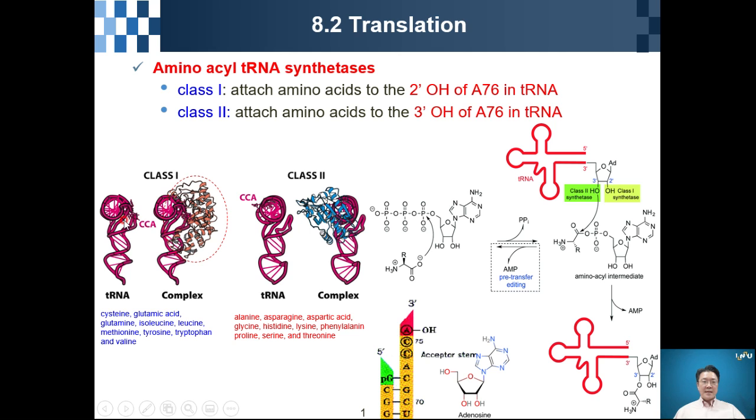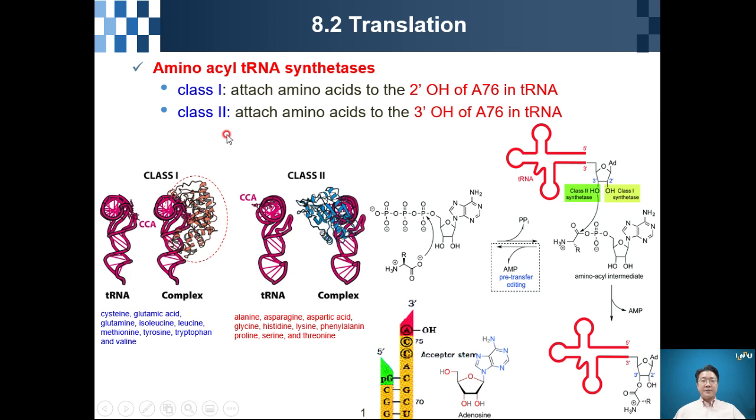So this is the tRNA, and class 1 binds to the back of the tRNA, like this. The main function of class 1 amino acyl tRNA synthetase is attaching amino acids to tRNA, especially cysteine, glutamic acid, glutamine, and finally valine.